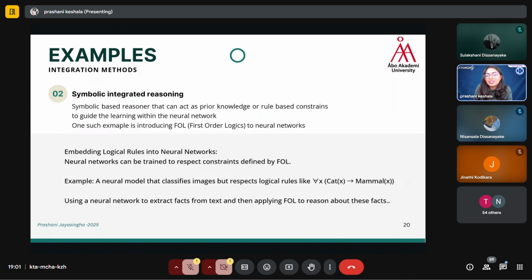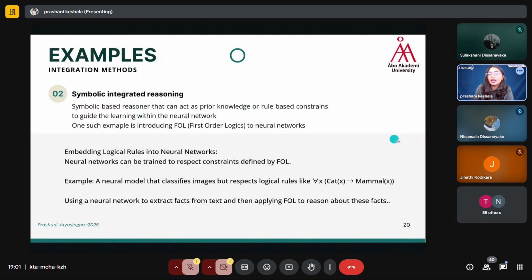If you are asking is a cat a mammal, and the neural network is saying cat is not a mammal, but you have factually given that cat is a mammal, then it has to follow that rule. This is also where the weights come into play, because the weight is like a threshold saying, you need to prioritize the rules as opposed to your answer, for instance. So this is also another way you can integrate symbolic AI with neural networks.